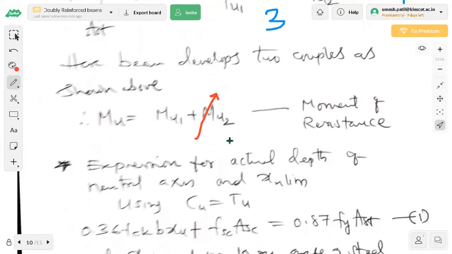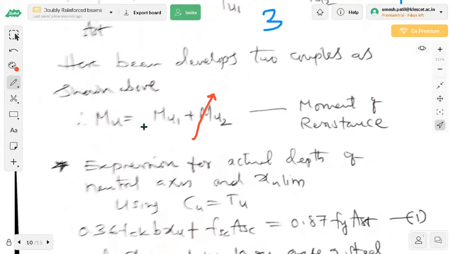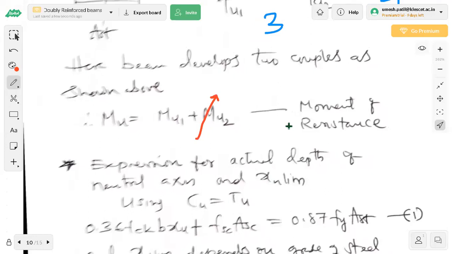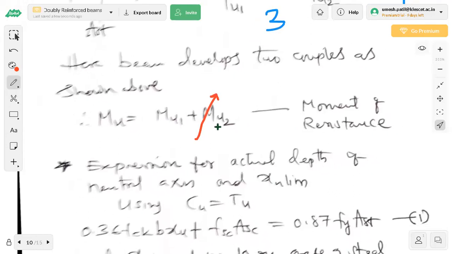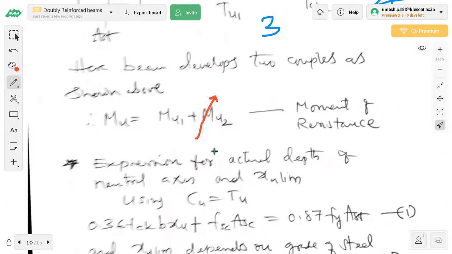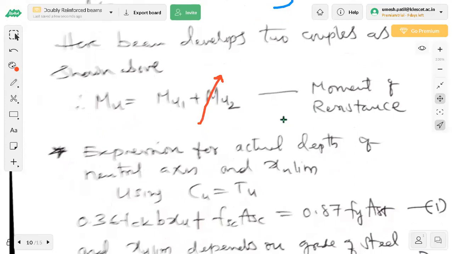Since compression steel is there, that is why one more couple is formed. With respect to that couple, it is Mu2. With respect to singly reinforced beam action, Mu1 is there. Totally it is Mu1 plus Mu2. So the moment of resistance of a doubly reinforced beam is Mu1 plus Mu2. This will be clear actually when you attempt a problem.